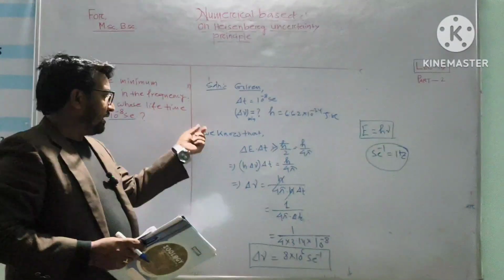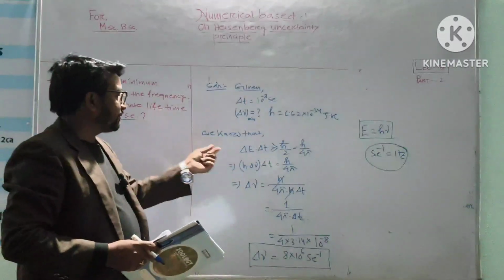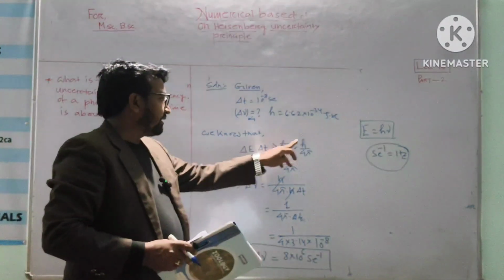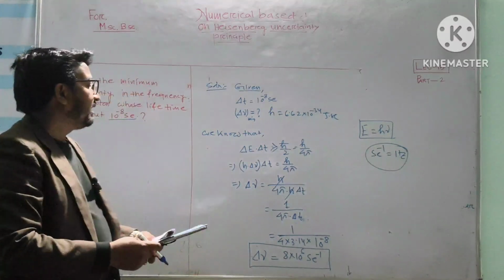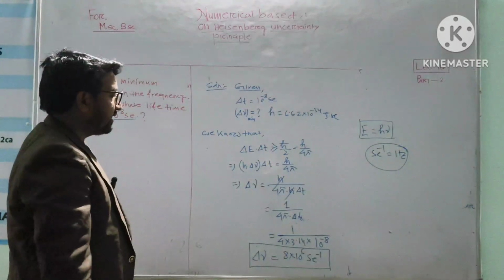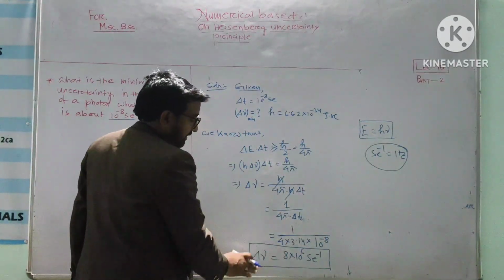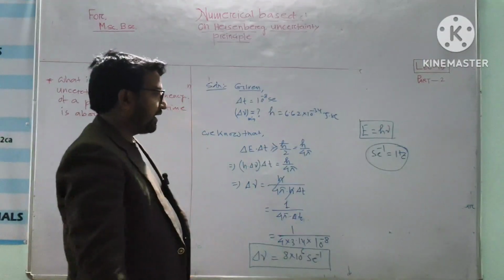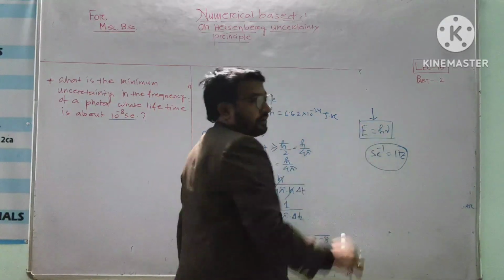By the Heisenberg uncertainty principle, delta E into delta T is greater than or equal to h bar, which is h by 4 pi. Delta E is h into delta nu, so delta nu equals h by 4 pi into h into delta T. The h and h cancel, so 1 by 4 pi into delta T. Substituting all values, we get 8 into 10 to the power 6 second to the power minus 1, which is hertz. And E equals h nu is called the energy of the photon. Thank you.